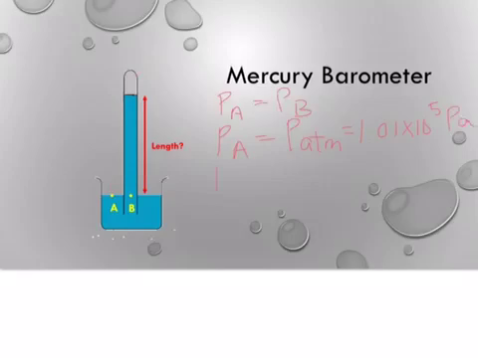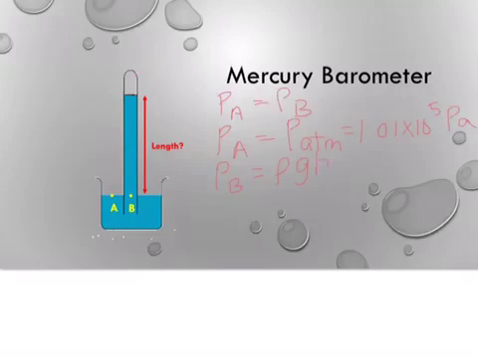And pressure at B is the pressure due to the mercury column given by ρgh, where ρ is the density of mercury, g is the gravitational field strength, and h is the height of the mercury column.